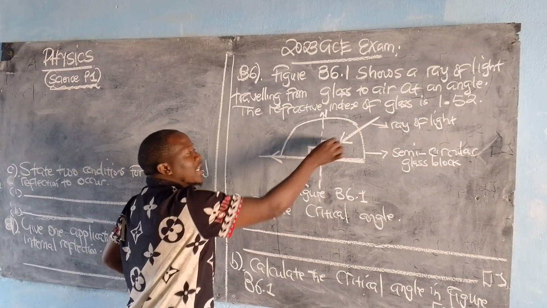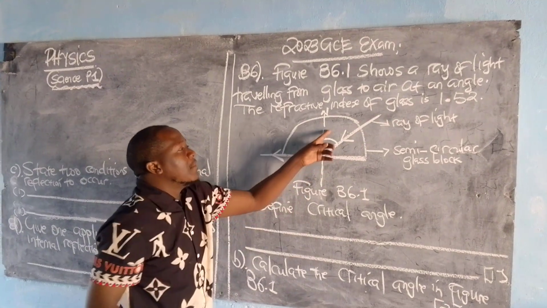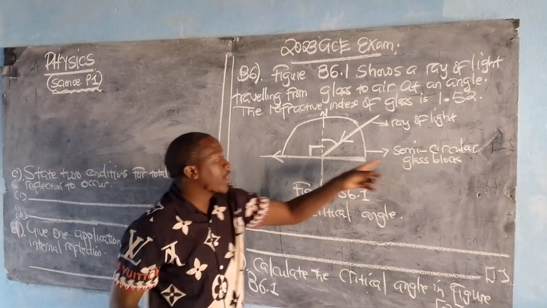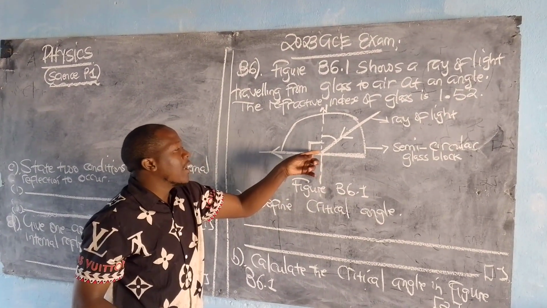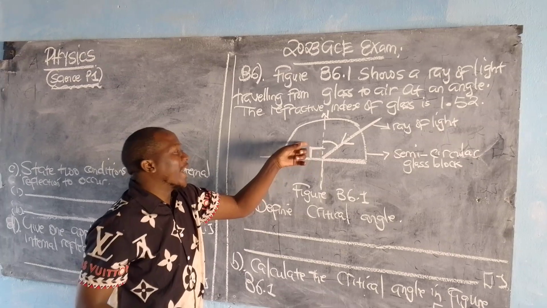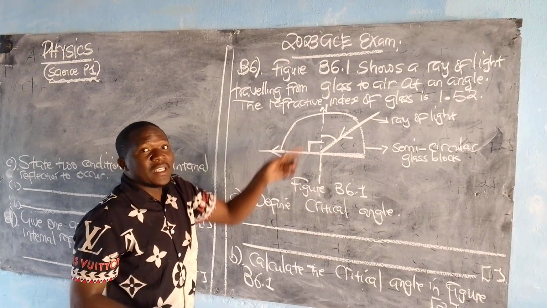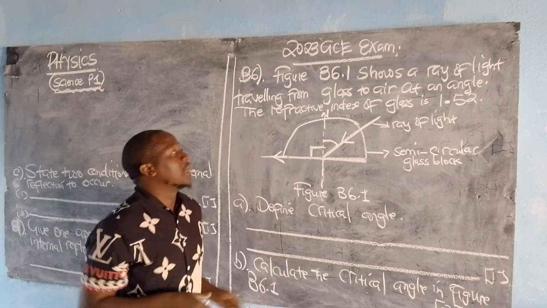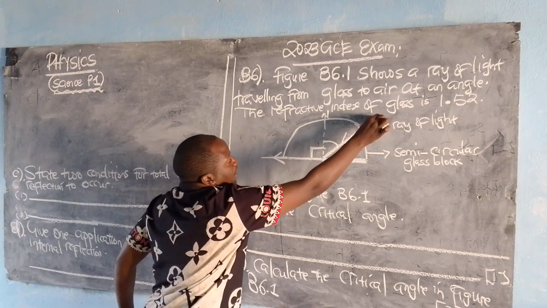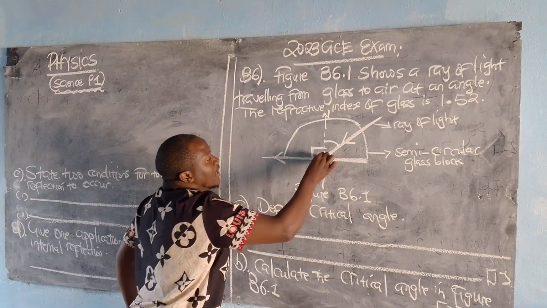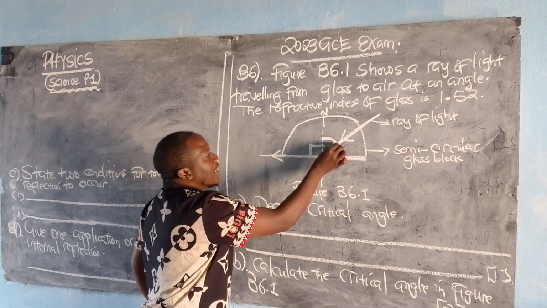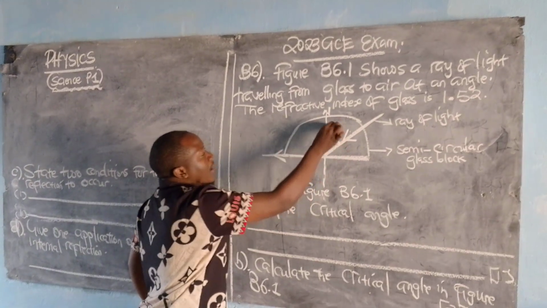But because it is coming from a medium containing glass or water, we're going to find that it will not be able to refract the way it's supposed to. Instead, it will be totally internally reflected. So when this one is refracted, it's going to form a 90. And then this angle which is here is now the critical angle.